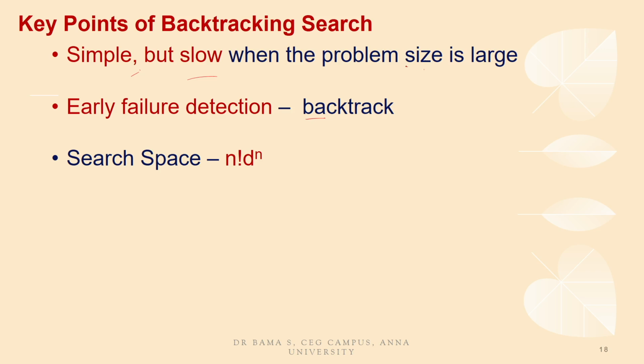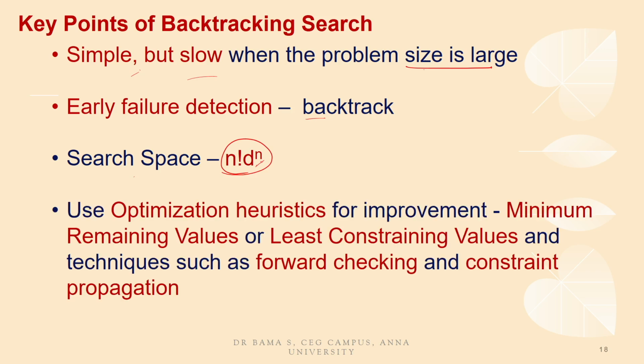But if the problem size is large, the search space is n factorial, d power n possibilities, which is extremely huge and difficult. How to overcome it? We can use optimization heuristics like minimum remaining values or least constraining values, and other techniques such as forward checking, which can be combined with minimum remaining values. Another approach is the constraint propagation method, where we can use the AC3 algorithm, which we will be doing in the next session.